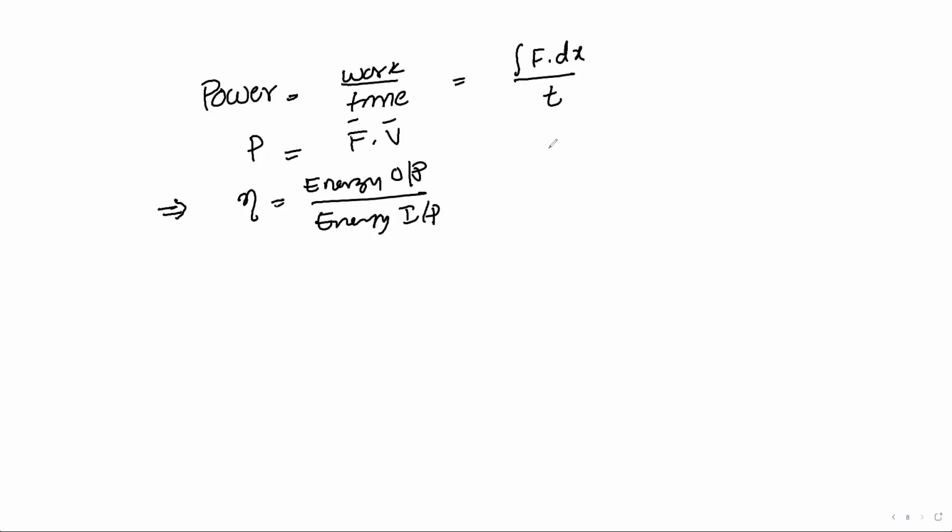For example, 100 joule energy I consume, 100 joule energy I have given, only 80 joule work is done. Then what is efficiency? Yes, 80%, or efficiency 0.8. Generally, problems will be asked like this related to efficiency.